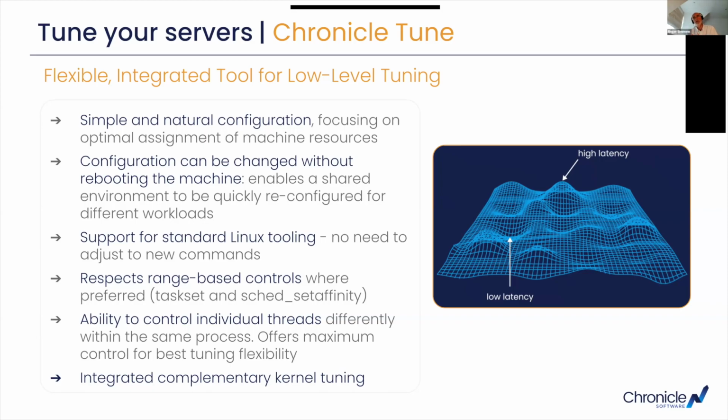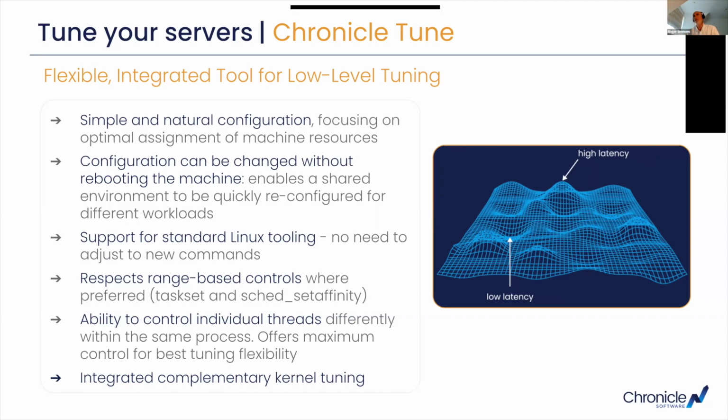Another important difference with cgroups, for instance, and csets, is that csets and cgroups tend to drive you more towards control of individual processes rather than threads, whereas with Chronicle Tune, you can think right down to the thread layer.